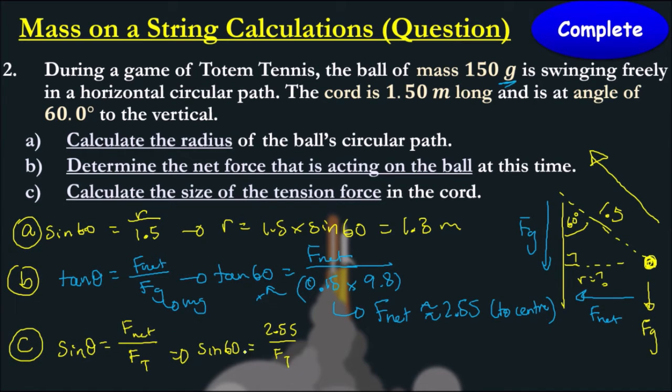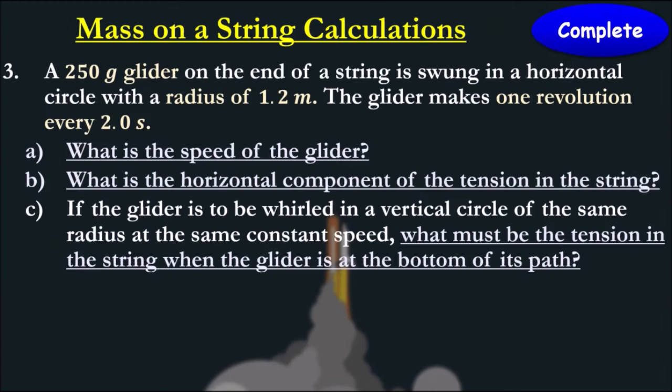If I readjust my equation around, it looks something like this: 2.55 over sine 60. And that gives you a value of approximately 2.94 newtons going in that direction up. So that's our first question there for mass on a string circular motion. Let's try another question.